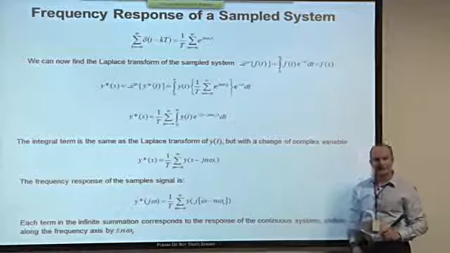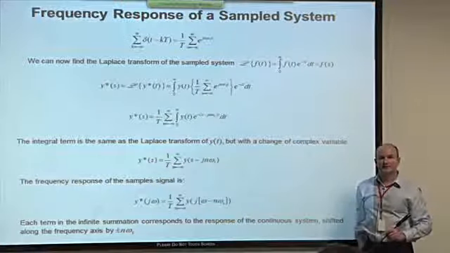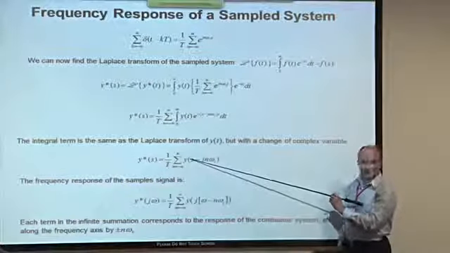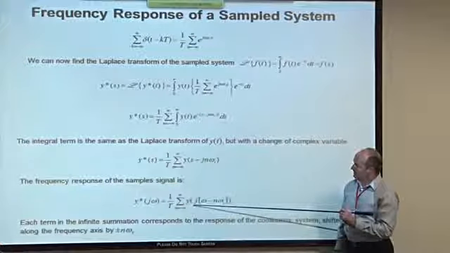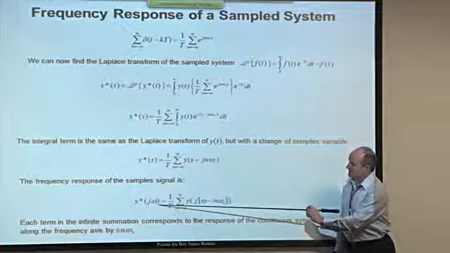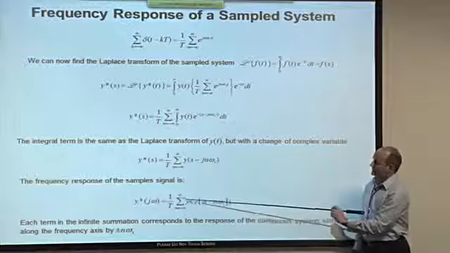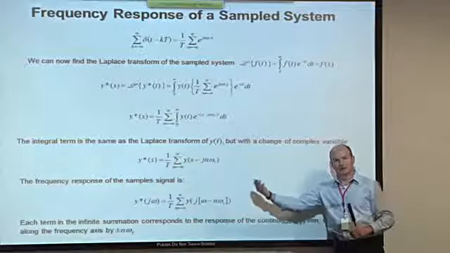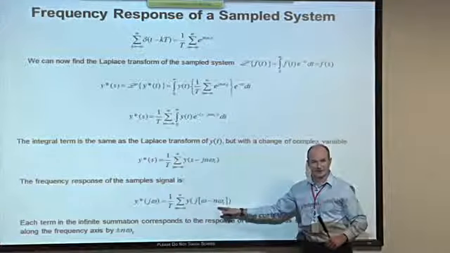Its frequency response is found in just the same way as it is for any other Laplace transform, by substituting j omega for s. So here's what we have. The frequency response of the sampled system is 1 over t times an infinite series of frequency responses, each centered on a multiple of the sample frequency, omega s.